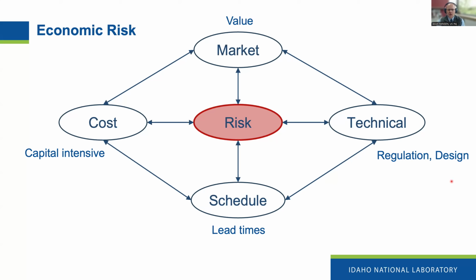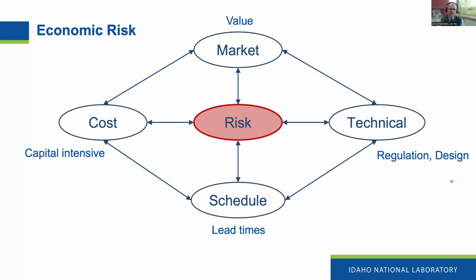And then finally, what happens in the market where the nuclear power plant will operate? Where's this notion of value? Who's getting the value from the nuclear power plant? Okay, this deals with things like market structure. Will your nuclear power plant operate in a regulated market where the owners of the nuclear technology are guaranteed a rate of return over some fixed period of time, 20 years, 40 years?